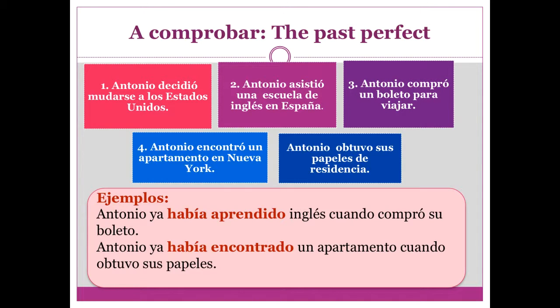Notice that Antonio had already studied English, box number 2, when he bought his ticket, number 3. So box number 2 occurred before box number 3. Antonio ya había encontrado un apartamento cuando obtuvo sus papeles. Antonio had found an apartment when he obtained his papers. Notice number 4 comes before box number 5.